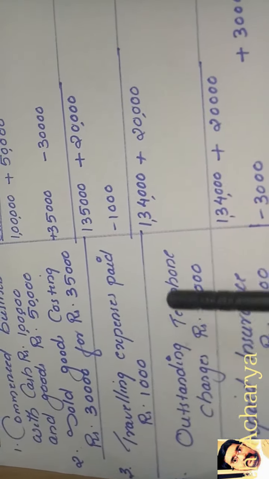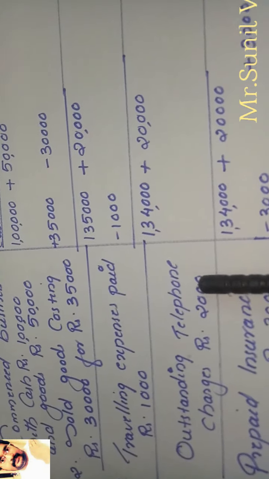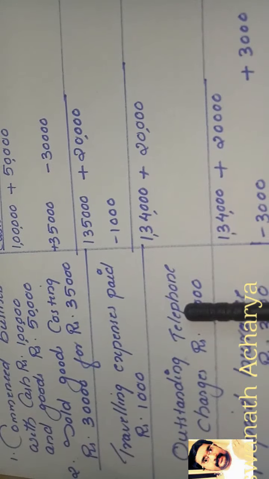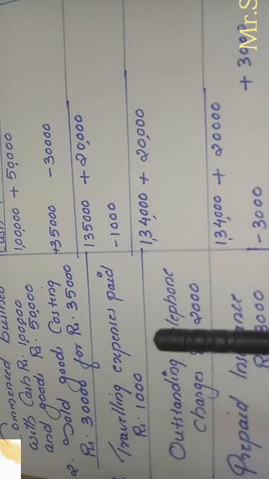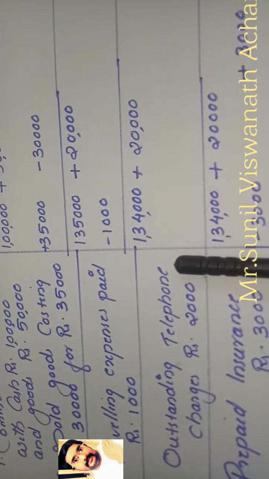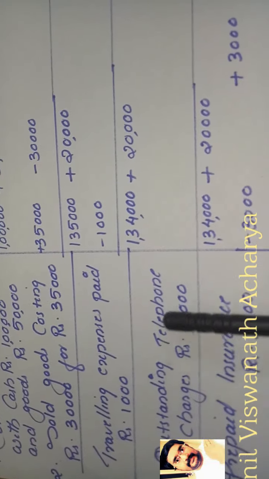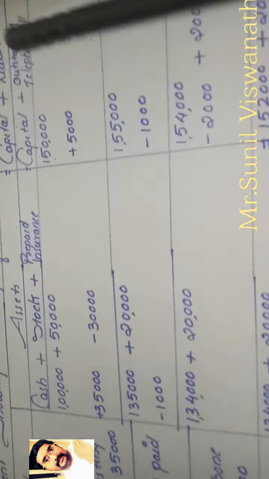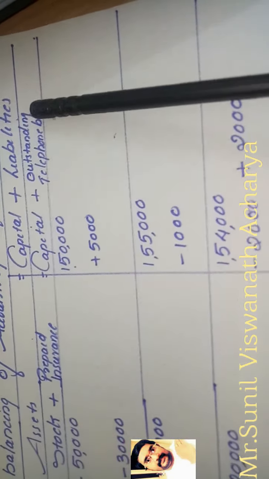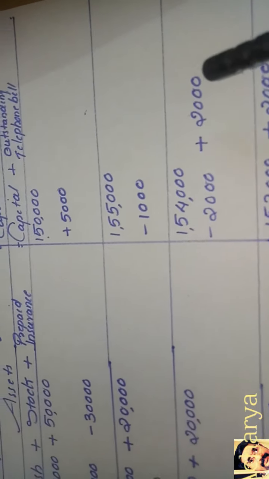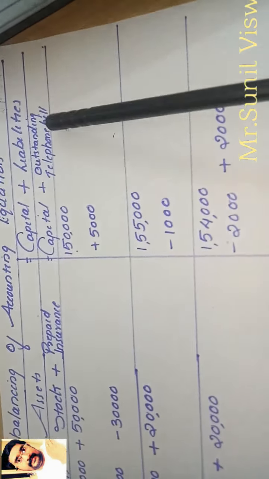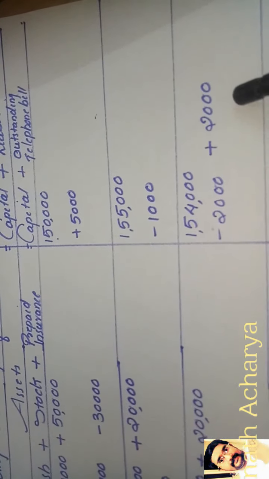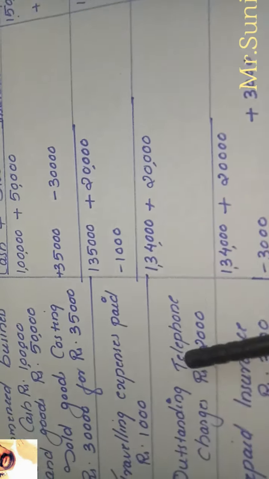Now next is outstanding telephone expenses rupees 2,000. Outstanding telephone expense means this year's telephone bill is pending to pay. It belongs to this year, we have not paid yet. Pending to pay means it is a liability for us. So on the liability side we will write a separate heading, outstanding telephone bill, 2,000.